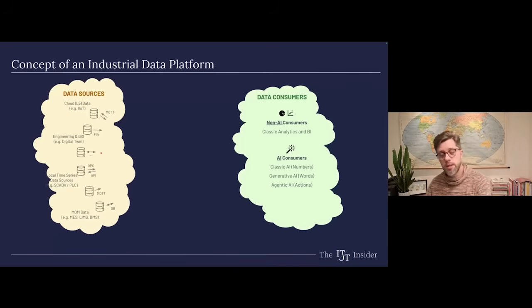In the green cloud on the right side, you have your data consumers, people and applications who want to use that data. That can come in different ways and forms. In this case, we're talking about the non-AI and the AI consumers. I think the most important thing here is that you have users and applications sitting on the right side needing that data.